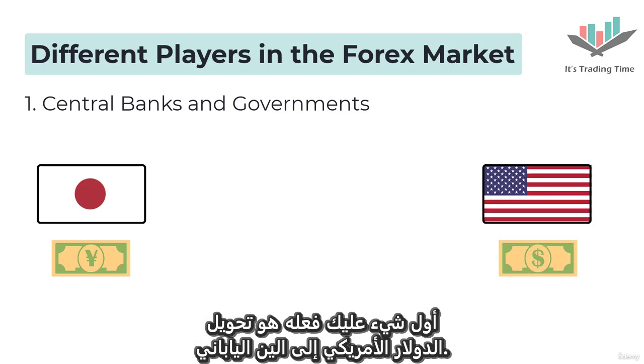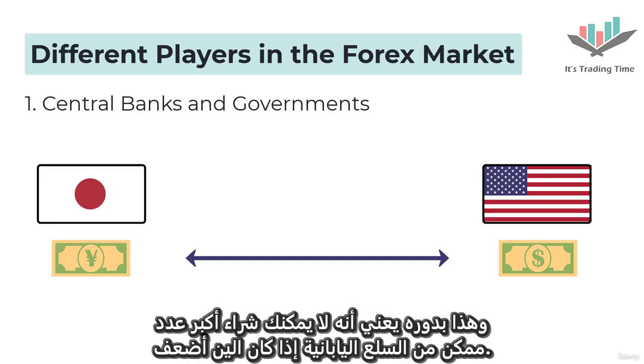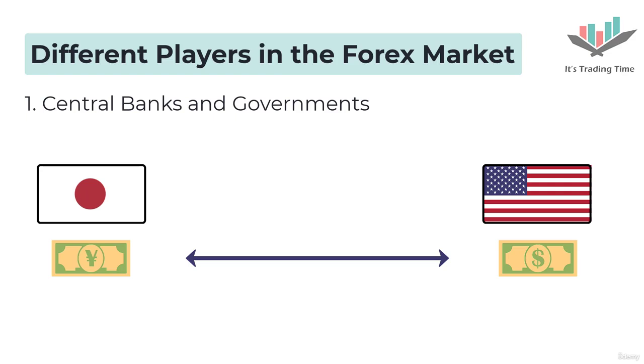The first thing you have to do is to exchange your US dollars into Japanese yen. So if the Japanese yen is very strong, your dollars won't buy you a lot of yen, which in turn means that you cannot buy as many Japanese goods as you could if the yen was weaker.